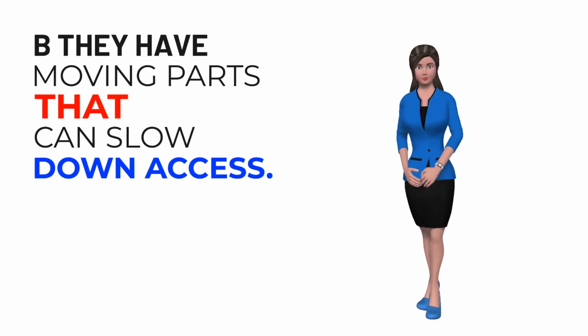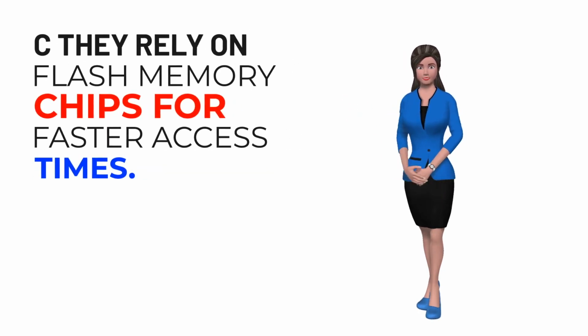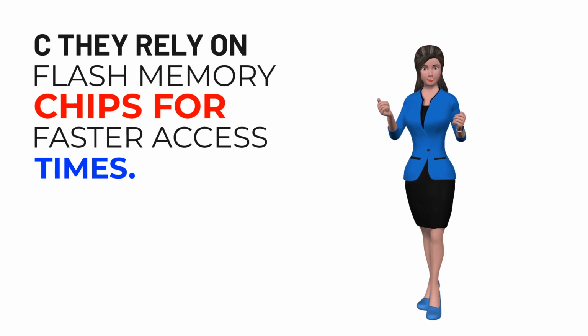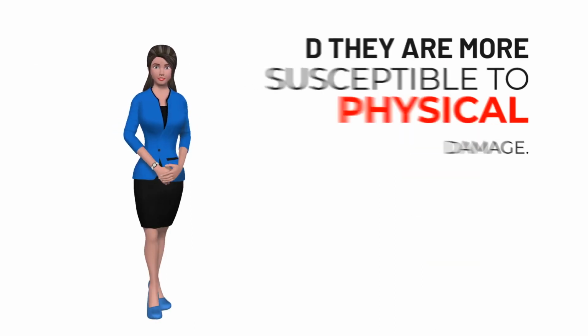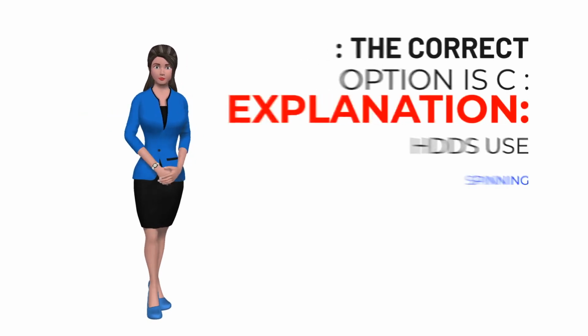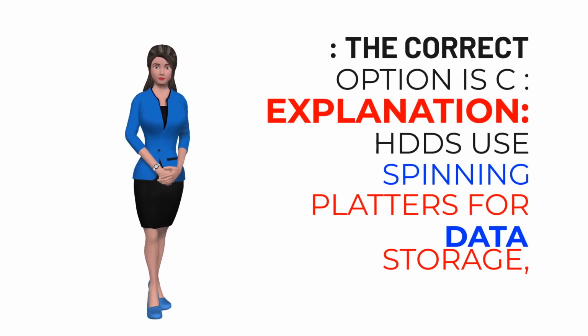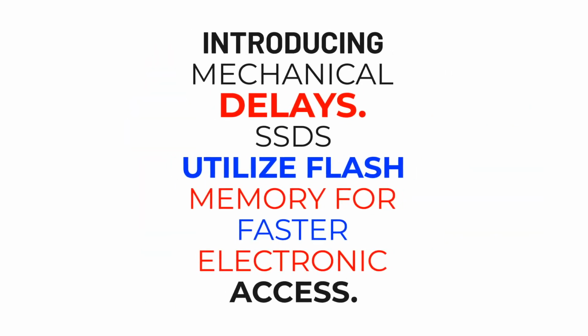D. They are more susceptible to physical damage. The correct option is C. Explanation. HDDs use spinning platters for data storage, introducing mechanical delays. SSDs utilize flash memory for faster electronic access.